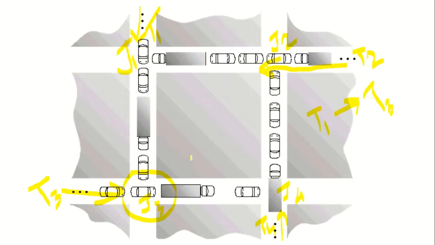At the same time, traffic T3 is waiting for junction J4 to become free. But unfortunately, junction J4 is currently held by traffic T4. Now, traffic T4 is waiting for junction J2 to become free.